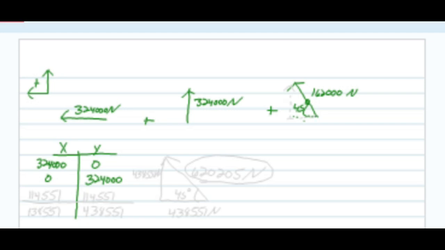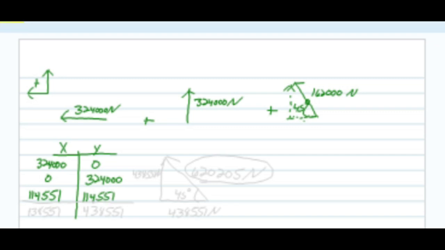So we're going to break this up into its components using sine and cosine. So the x component will be 162,000 times the cosine of 45 degrees, which is 114,551. And the same thing for the y component since it's 45 degrees.